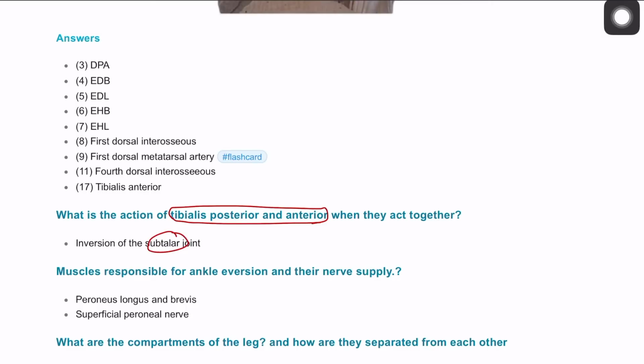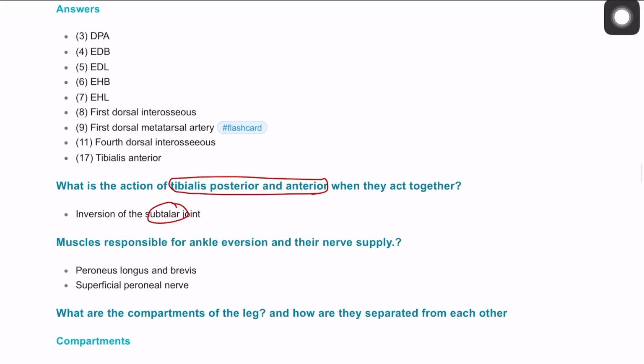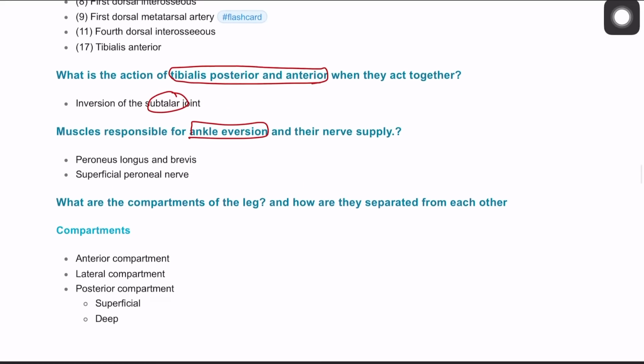Ankle joint is for dorsiflexion and plantar flexion, but never for inversion or eversion. We mentioned the muscles responsible for eversion and the nerve supply, peroneus longus and peroneus brevis, and the nerve supply is the superficial peroneal nerve. And we have a section about all the nerves of the lower limb that will be easily covered as well.